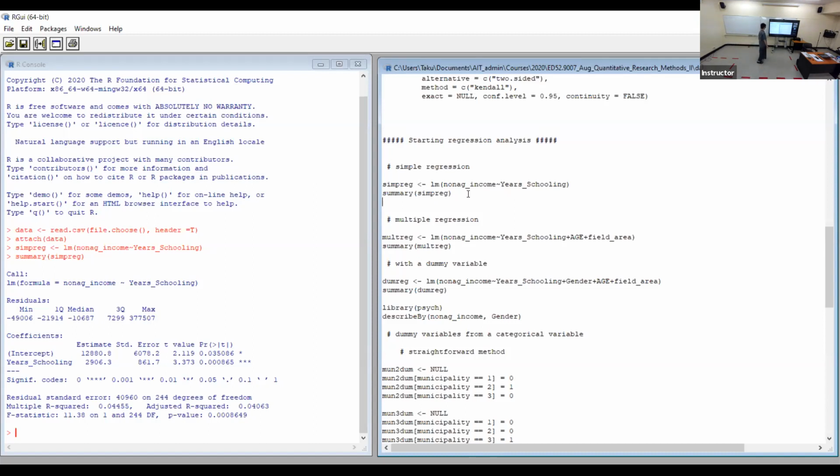Hmm, 2,906. That is the slope coefficient you are looking for. But don't forget, you have to check the p-value always, because it's statistical analysis. Pay attention to the p-value. That is actually the first thing to look at, even before looking at the coefficient. So what is the p-value for this slope coefficient?